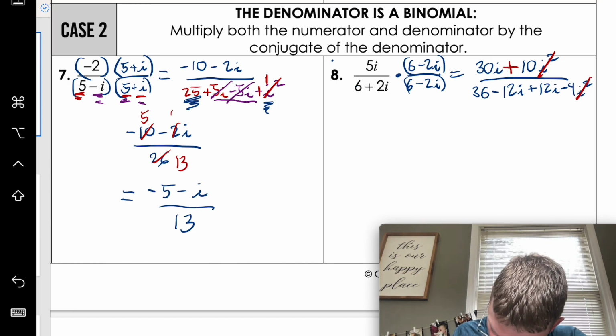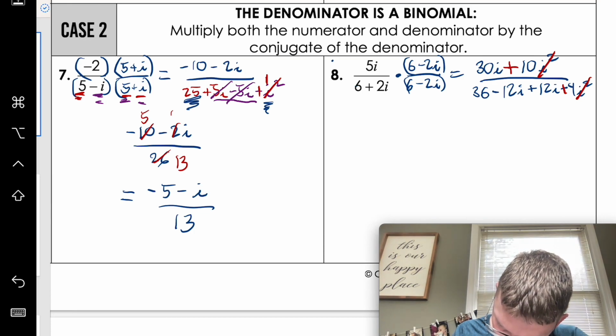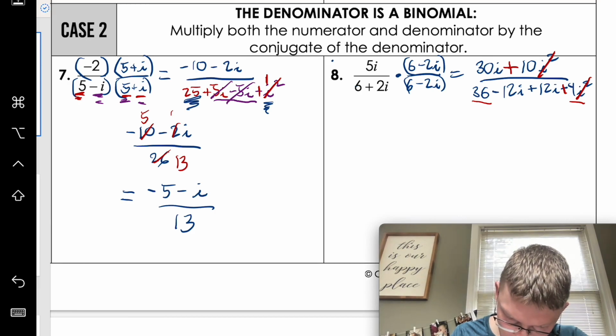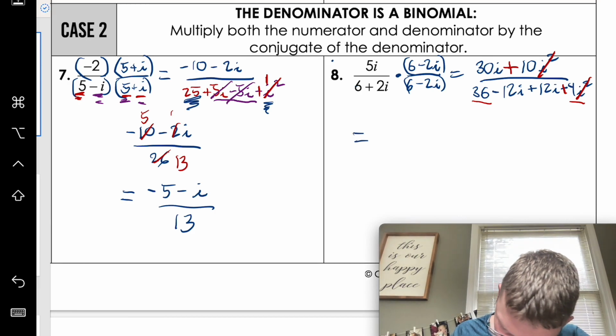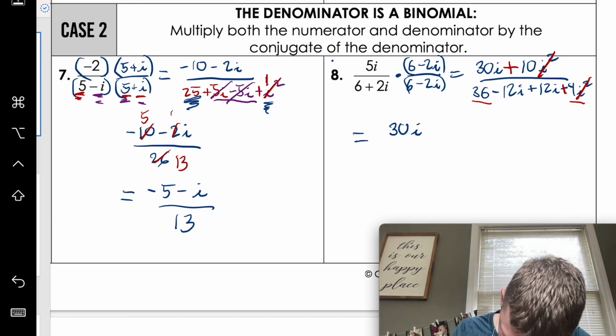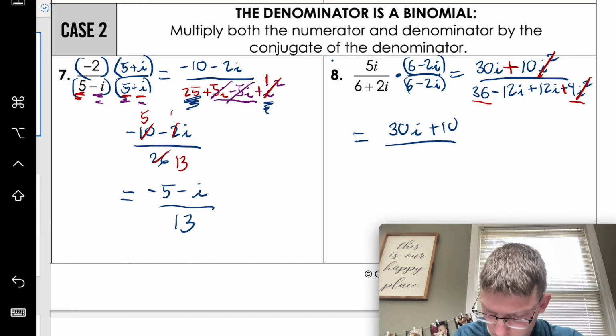Got another i squared. Let's change our sign. And then we're going to combine our 36 and our 4. And then what we have left is 30i plus 10 over 36, 37, 38, 39, 40.